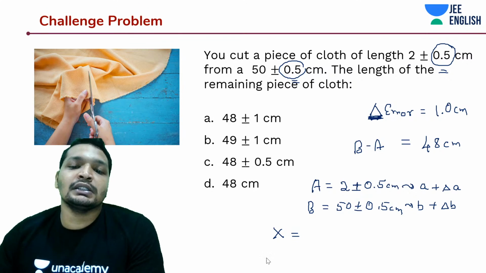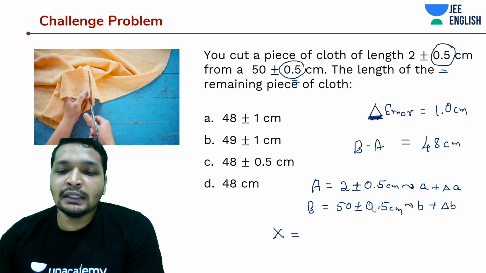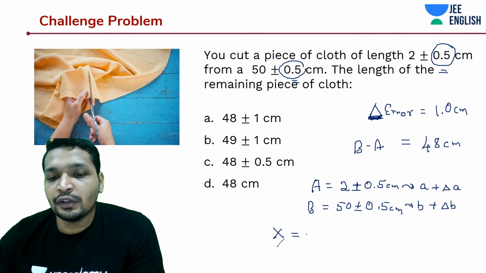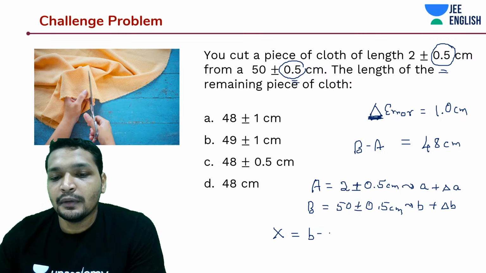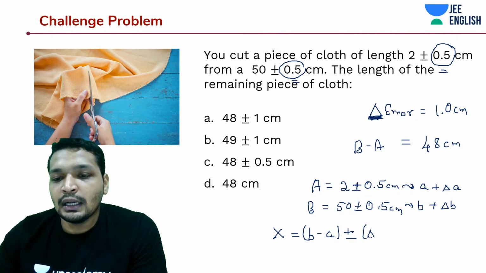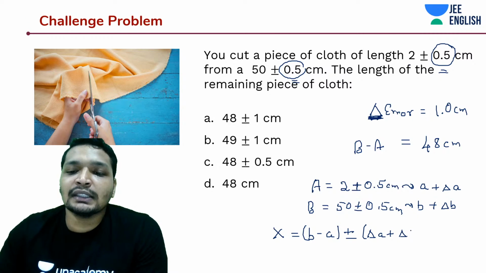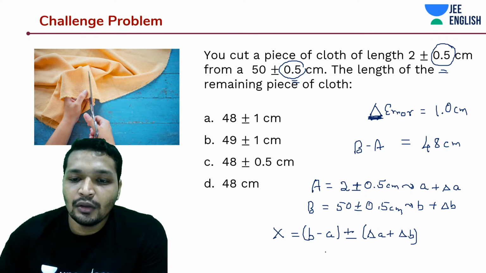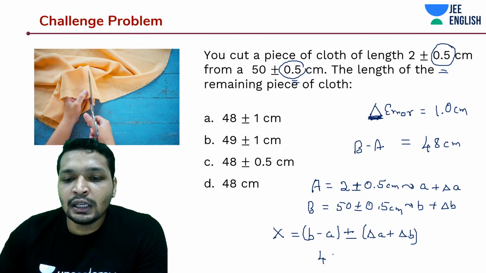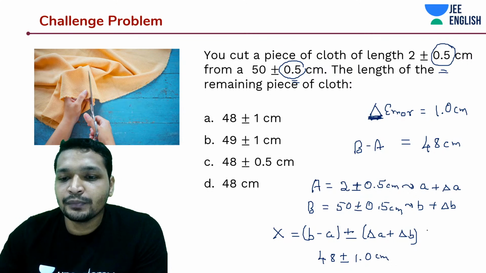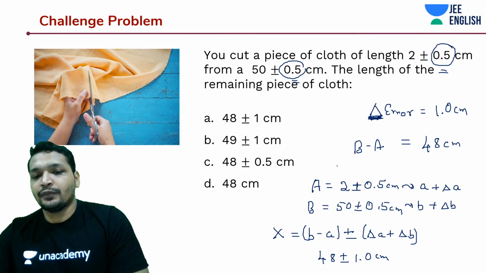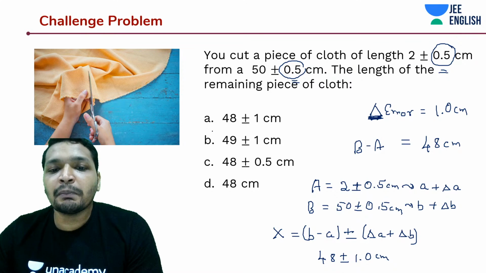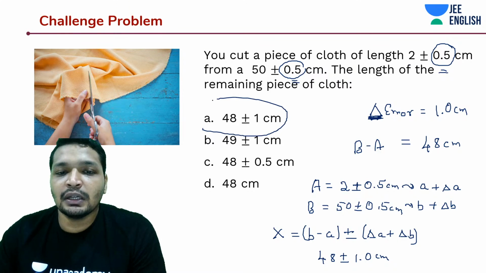And errors are also added. B minus A plus or minus delta A plus delta B, the max error that can occur. That's going to be 48 plus or minus 1.0 centimeter. Basically 0.5 and 0.5, right? That is 48 plus or minus 1 centimeter.